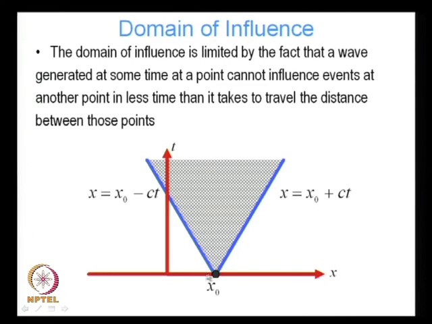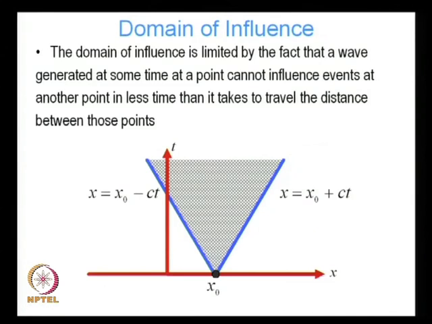Suppose I have a point on the t equal to 0 line. Any point lying on these blue lines is going to be affected by the initial conditions here. But what is also important is that any point in this shaded region is also going to be affected by the initial condition here. Why is that? Well, you look at a point here. The information from this point is going to move along characteristic lines passing through this point.